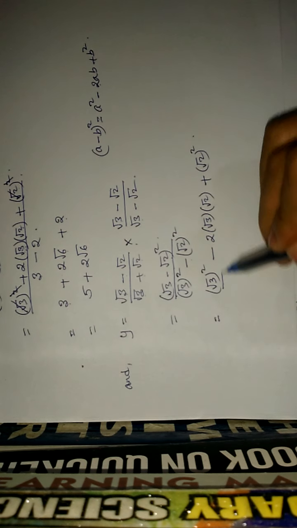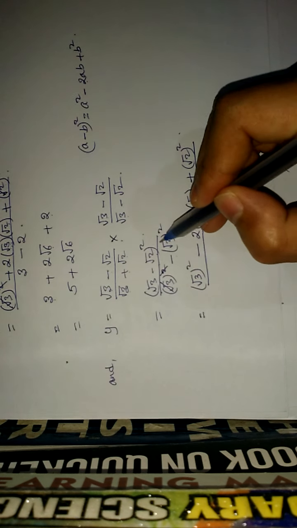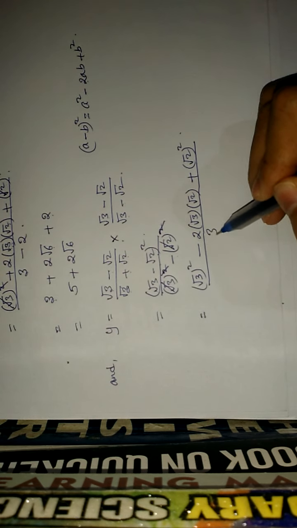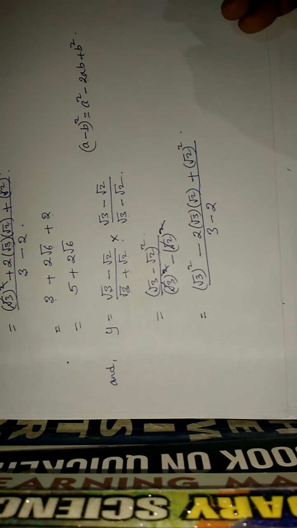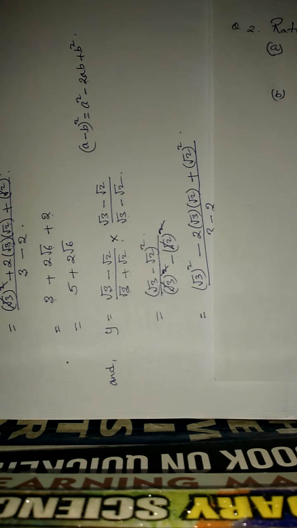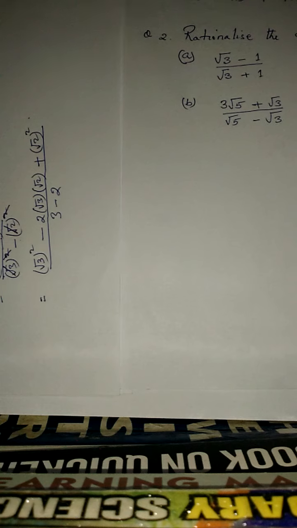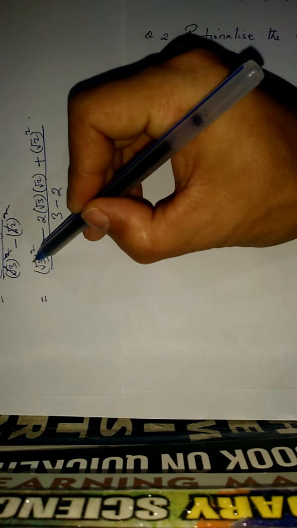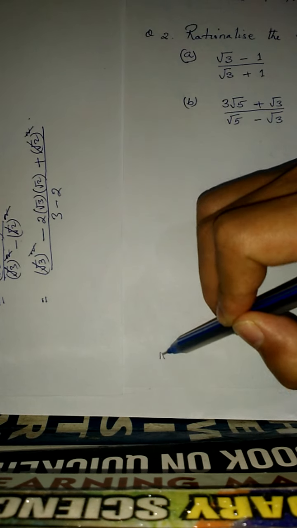So let's continue here. Root and square, we can cancel this. Here also root and square. So what remains? 3 will remain here, minus 2 root 3 into root 2, which is root 6, plus 2, divided by 3 minus 2.